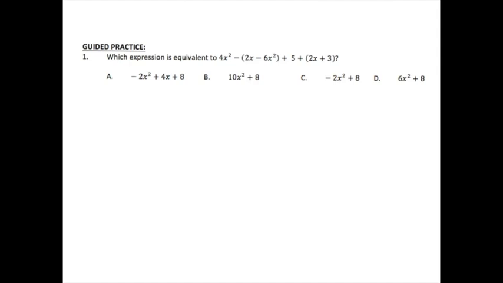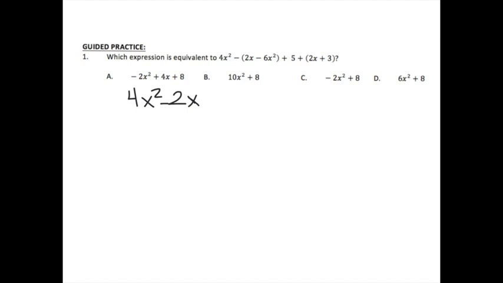We are going to start by rewriting basically everything. But when we get to this negative sign, we're going to get rid of this parentheses. Remember, this negative sign multiplies every sign inside. So we're going to say -2 times negative times positive, that's going to give me a negative 2x.